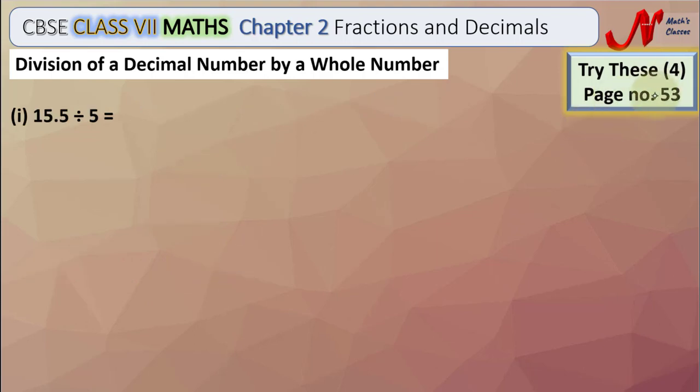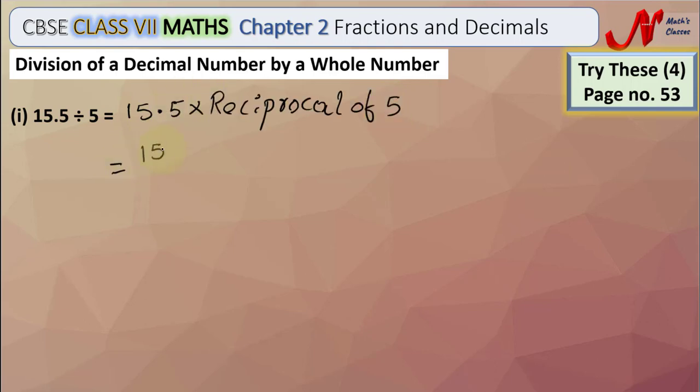Now we try this, page number 53. Here it is given 15.5 divided by 5. So we can write it as 15.5 into the reciprocal of 5. So 15.5 can be written as 155 divided by 10 into the reciprocal of 5, which means 1 by 5. By cancelling: 5 ones are 5, 5 threes are 15, 5 ones are 5.